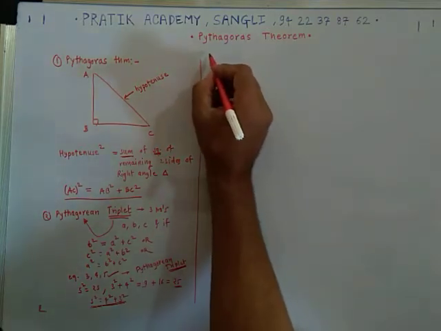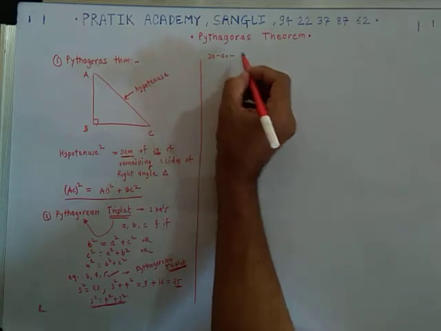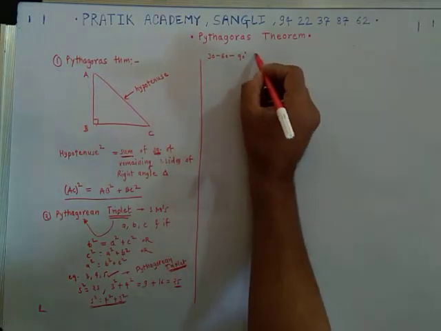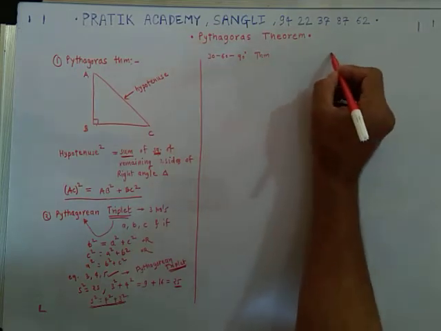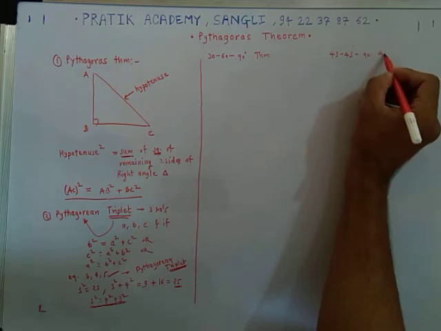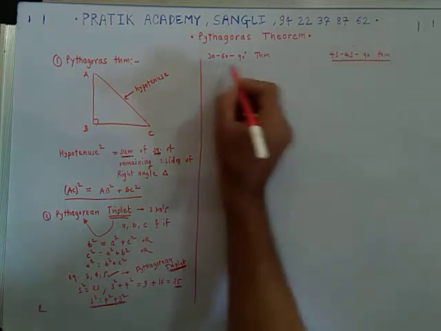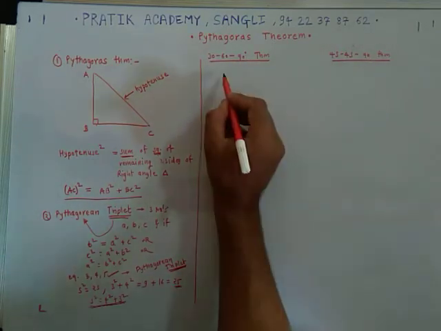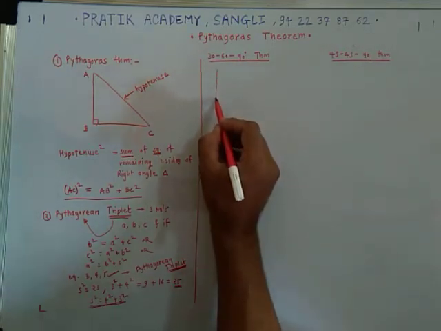The next is the 30 60 90 triangle, the 30 60 90 theorem, and the 45 45 90 theorem. So 90 degree means there are two right angle triangles actually.